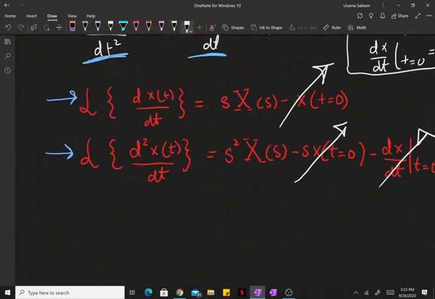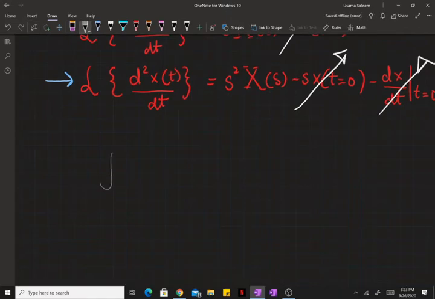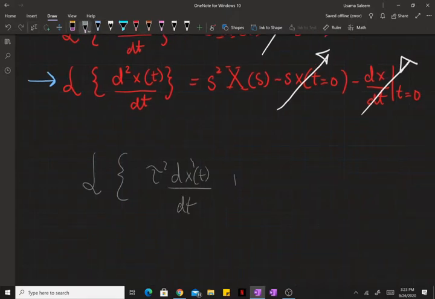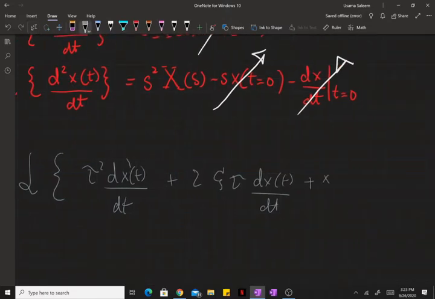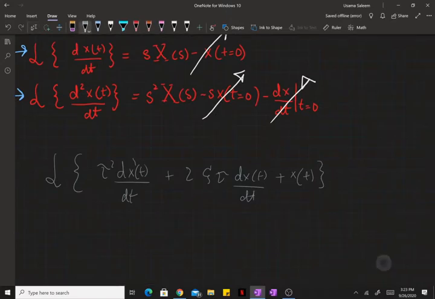So the Laplace transform of our differential equation, let me write that down once again. Okay, so we have the left hand side and the right hand side.